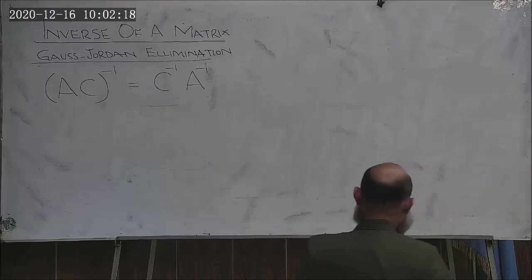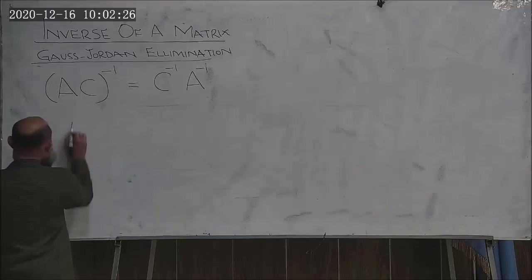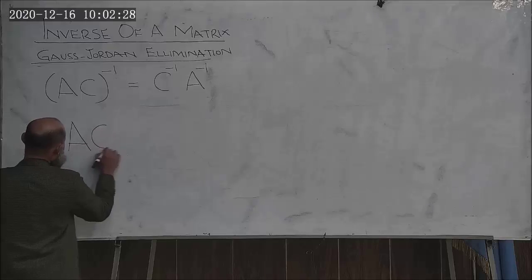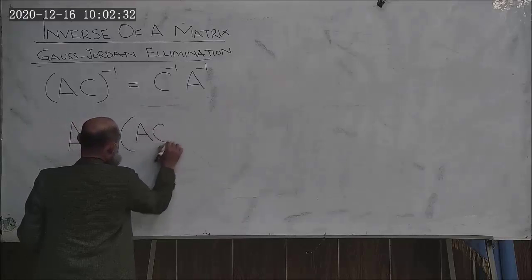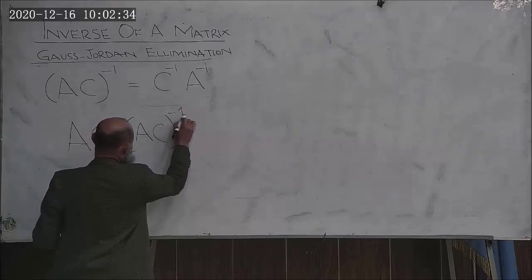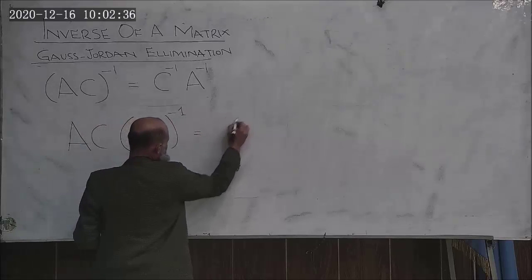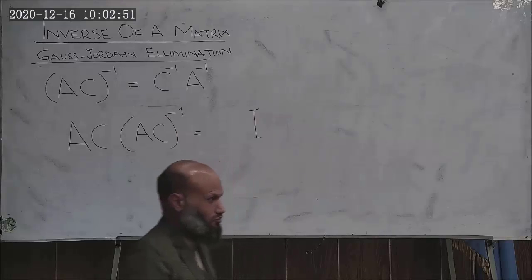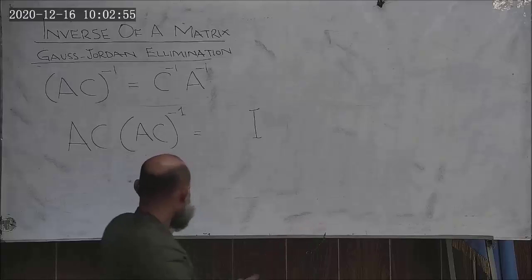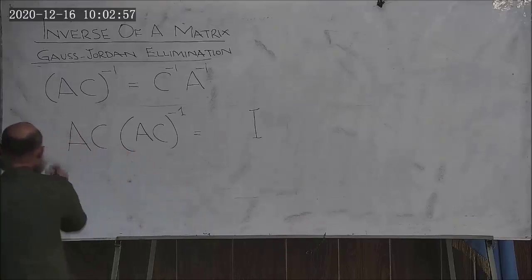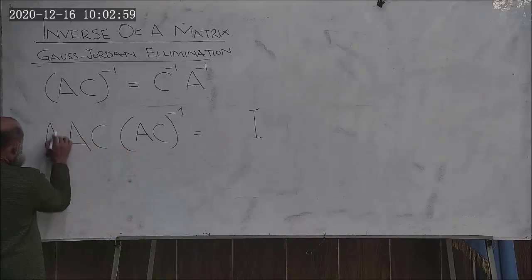Then prove this statement. So here is a hint. A multiplied by C multiplied by AC inverse. What is that? Identity matrix. How to proceed? Any suggestion? Multiply it with A inverse, both sides of the equation.